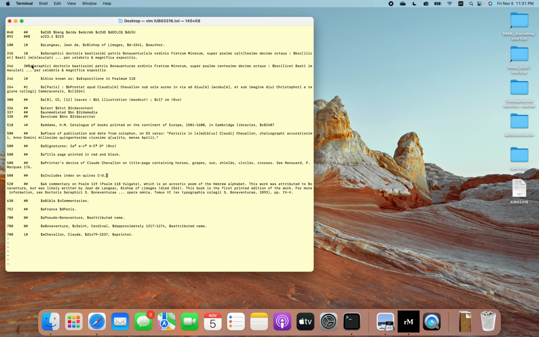But you need this extra 246 subfield 3 to basically do a normalized title. I've also seen it originally cataloged under Exposizione in Psalmum 118, or CXVIII. I also saw it in this Latin source referring to it as this title.